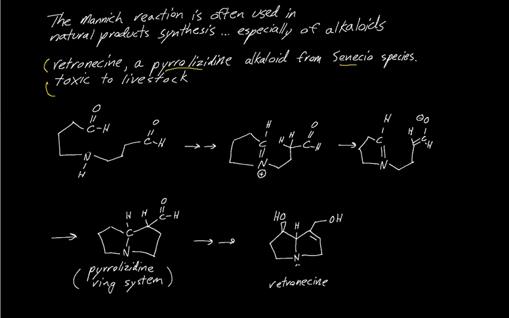So retronecine, a pyrrolizidine alkaloid, from this starting material, which perhaps was put together prior to this, in several steps, you can create the imine here, right? If you abbreviate that process, you can create that bond there. A couple more steps, you can create the imine. Similar steps to what we just did above.